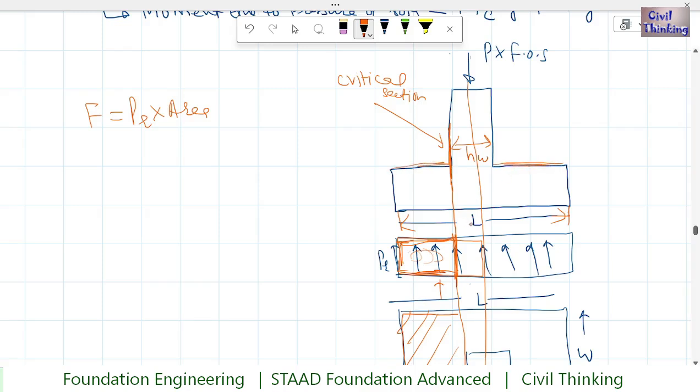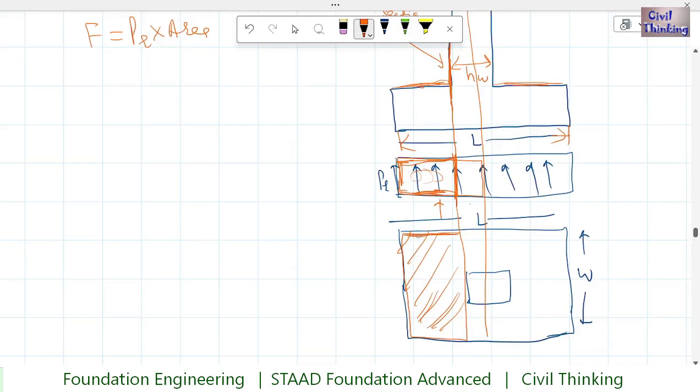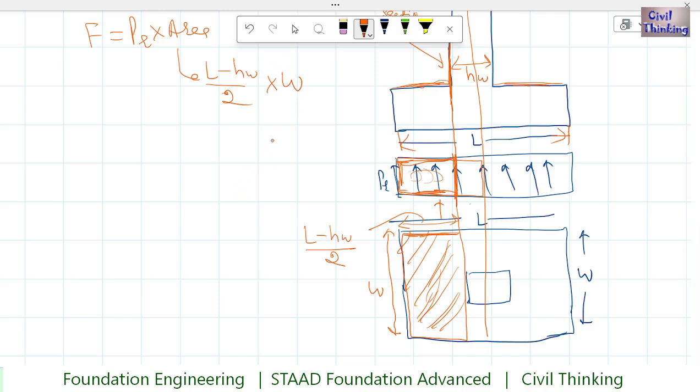Now L minus HW divided by 2 is only this much, so we need this length. It is L minus HW divided by 2, and this is the width W. So the area of this much is L minus HW divided by 2 times the width of the foundation, this isolated footing. So this is the force.